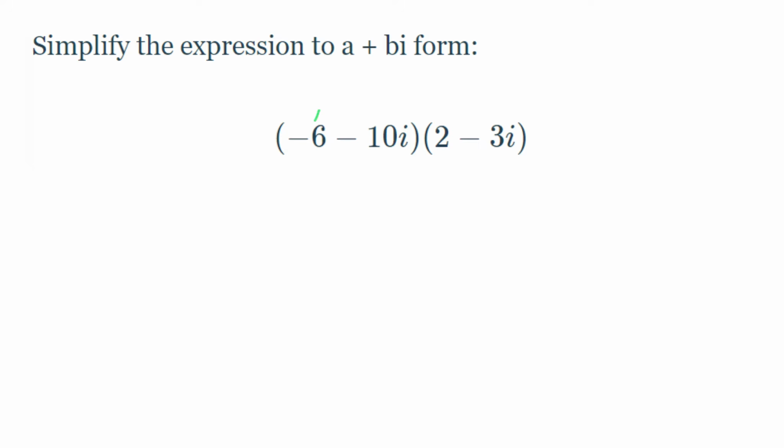So I'm going to first start by distributing the -6 to both terms. -6 times 2 is -12. -6 times -3i is positive 18i. So I've moved the -6 through everything. Now it's time for the -10i. And again, -10i, because this 10 does have a negative sign directly in front of it.